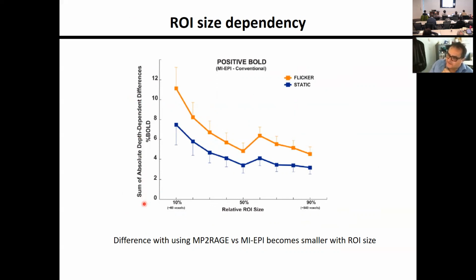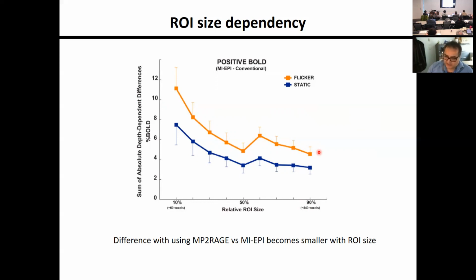This is now the difference between these two workflows, and on the x-axis, the number of voxels. Left means small ROI and right means large ROI. What you see is, the larger the ROI, the smaller the differences. Or in other words, the bigger the ROI, the less relevant it is which workflow you are using.